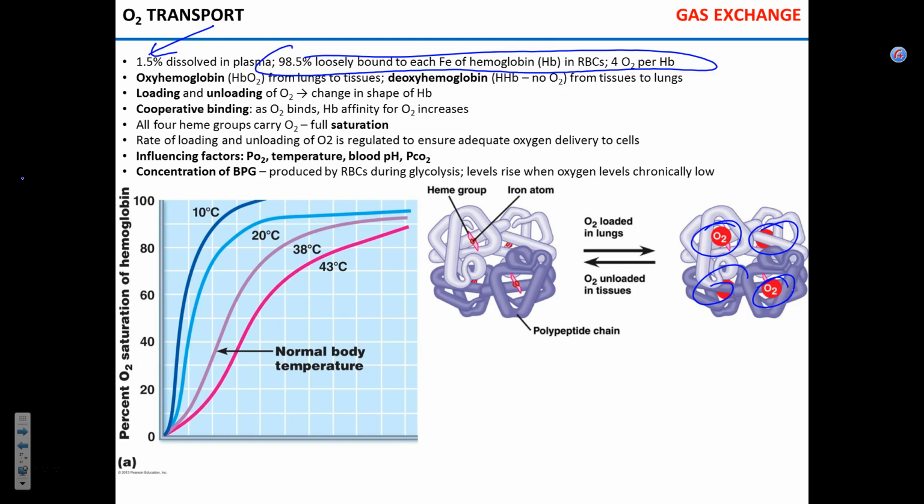Now, oxyhemoglobin is formed in the lungs, deoxyhemoglobin is formed in the tissues. So, let me ask you this. Arterial blood, systemic arterial blood, blood that goes from, say, the aorta into the superior mesenteric artery.